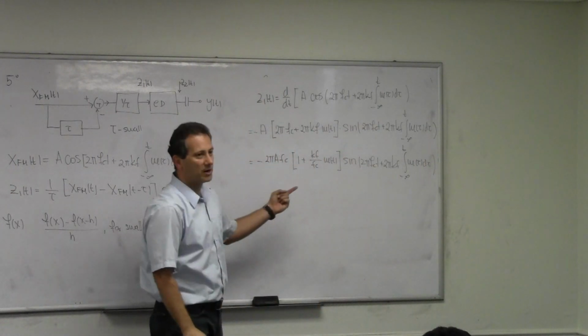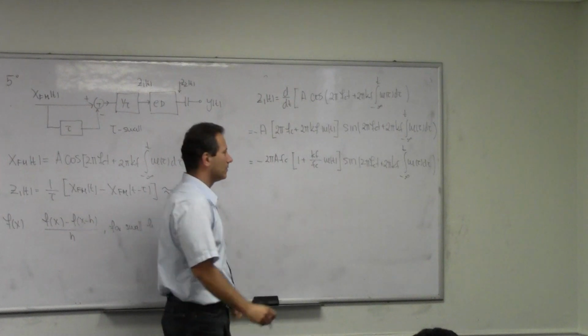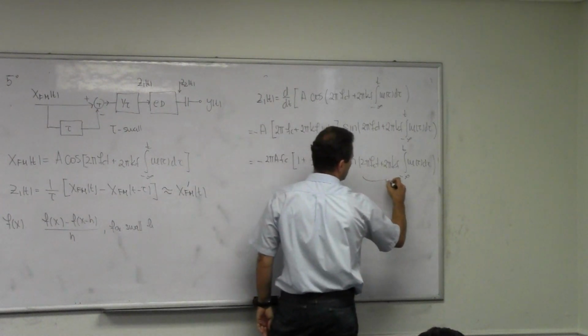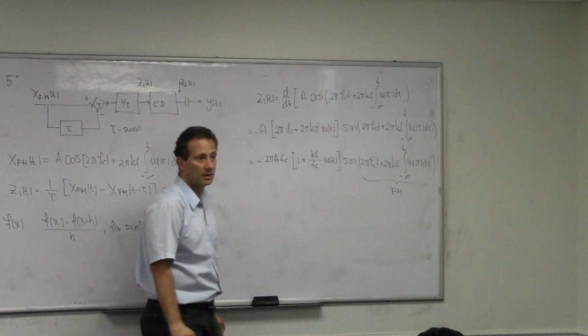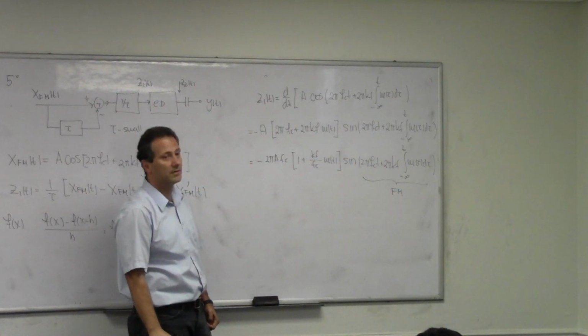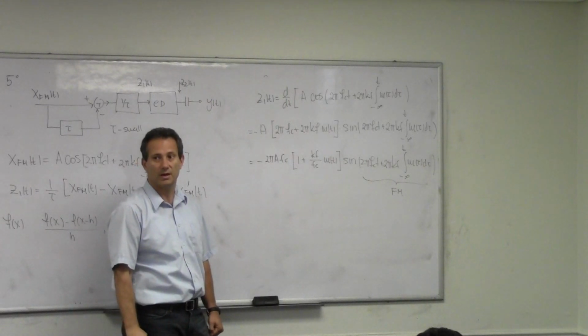Now you notice two parts here to this waveform. There is this part here, which is FM modulated. That stays FM modulated, right? It hasn't changed. It was FM modulated before, it's FM modulated now.